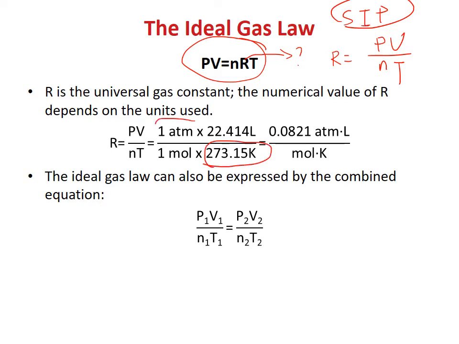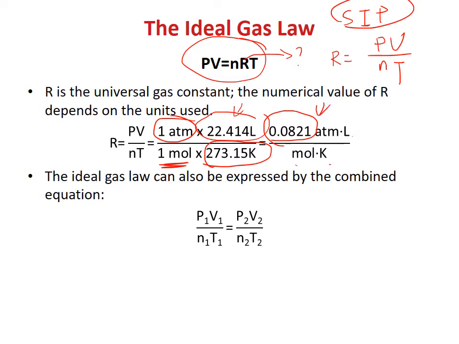Pressure is 1 atmosphere. And we already know that under this condition, 1 mole of ideal gas occupies 22.414 liters. So plugging in all the data, we get 0.0821 atmosphere liter per mole per Kelvin. And that's the R constant.